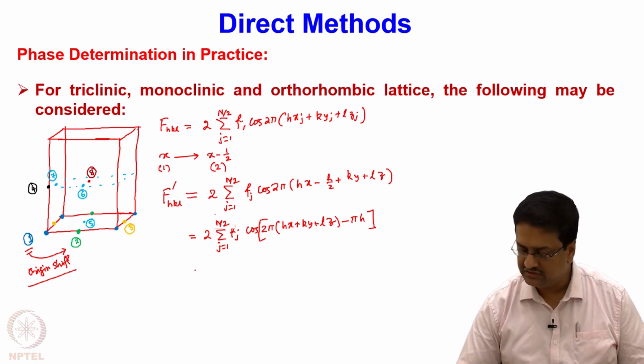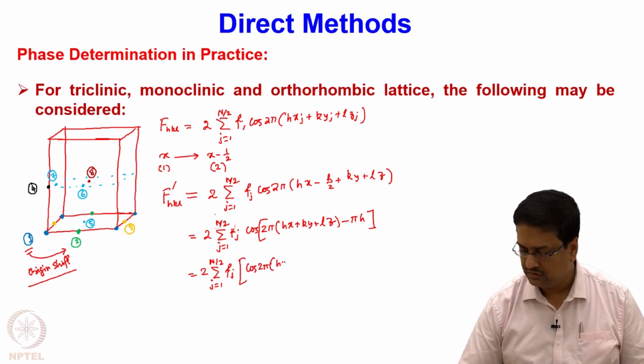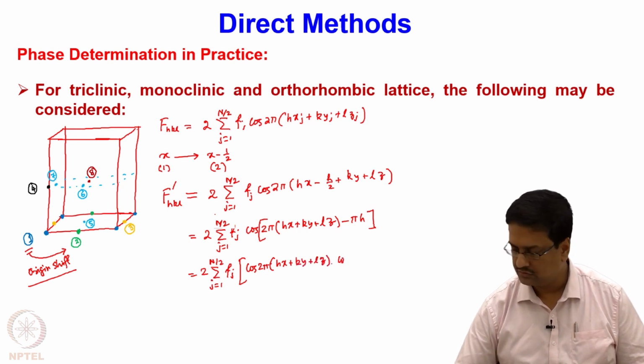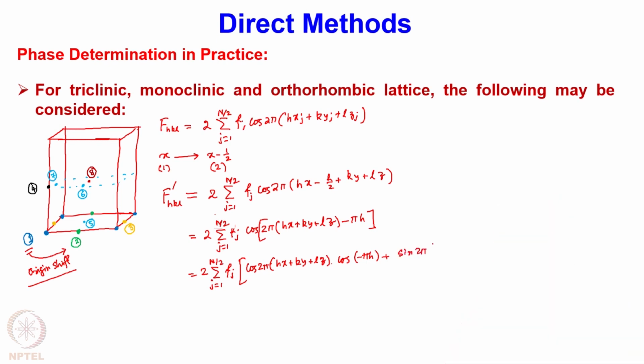So this can then be rewritten as 2 times sum over j equal to 1 to n by 2 F_j cos 2 pi (Hx plus Ky plus Lz) into cos minus pi h plus sine 2 pi (hx plus ky plus lz) into sine minus pi h.